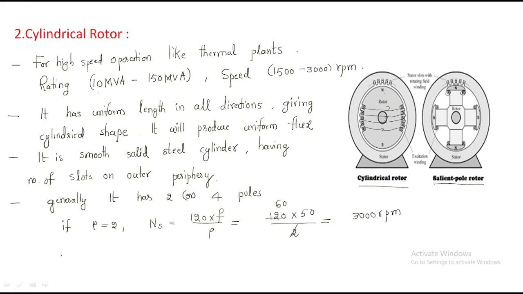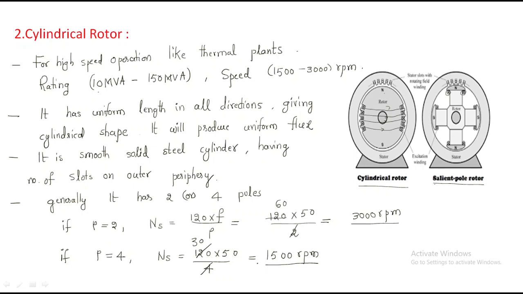If the number of poles is 4, then Ns equals 120 times 50 by 4, and it rotates at 1500 rpm. These are the two speeds generally used in cylindrical rotors.